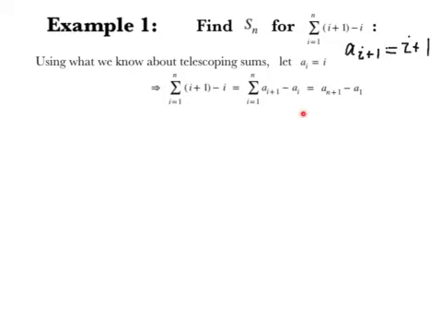Which tells us, as you might have read ahead, that our original sum can be written as the sum of a sub I plus 1 minus a sub I. And using the equations we derived in the first example, where the terms were sequential as opposed to being a sub I and a sub I plus 2, we expect that our sum is equal to a sub n plus 1 minus a sub 1, which, using our definition of a sub I, is just equal to n plus 1 minus 1, which equals n.